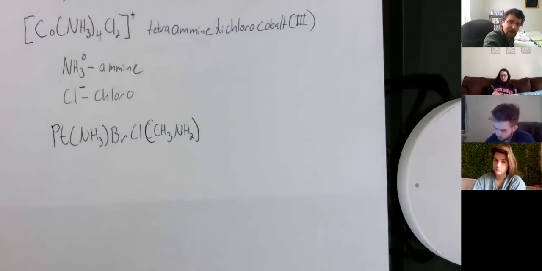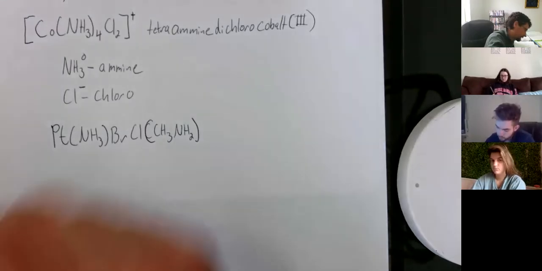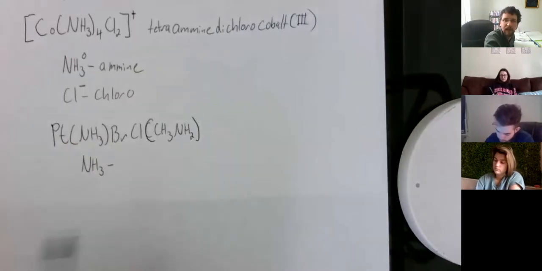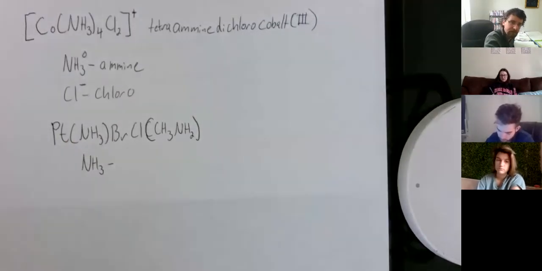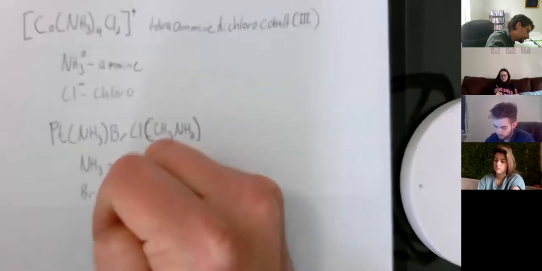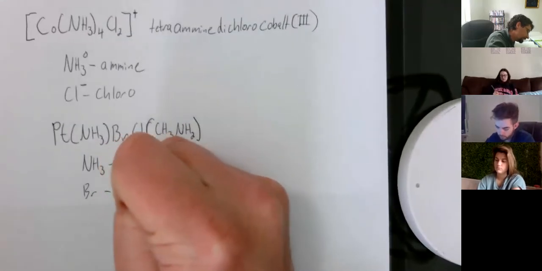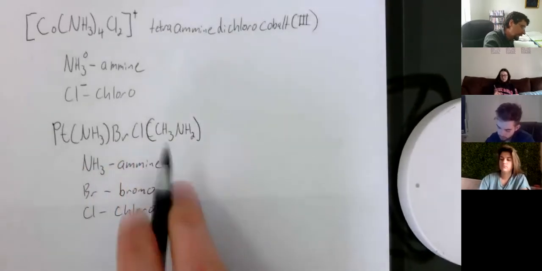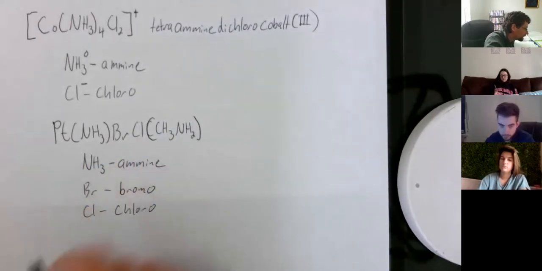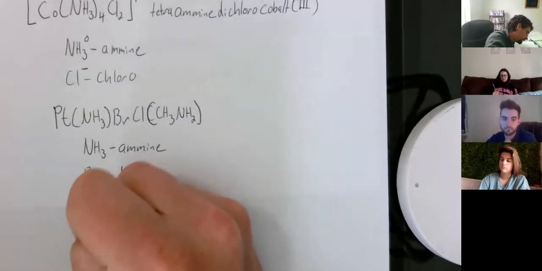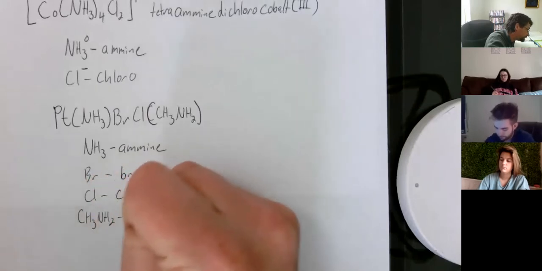So let's look at the ligands we got. NH3, what's that going to look like in the complex name? Amine. Then bromo, and then chloro. And then this guy? Would that be methylamine? Yep, methylamine.